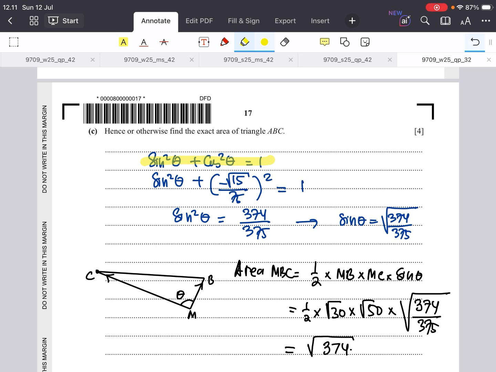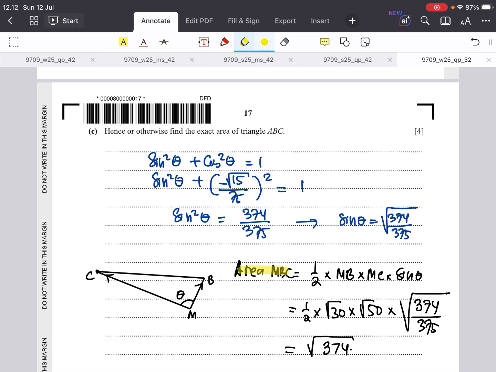We have identity in trigonometry, sine square theta plus cos square theta is equal to 1. Cos theta, we have it before, negative square root of 15 over 75. So sine theta will be square root of 374 over 375.